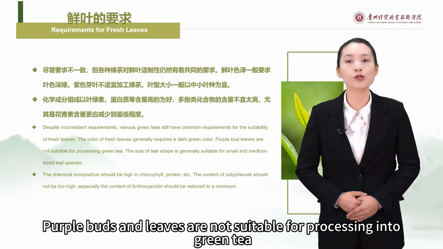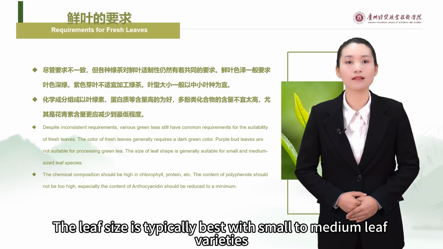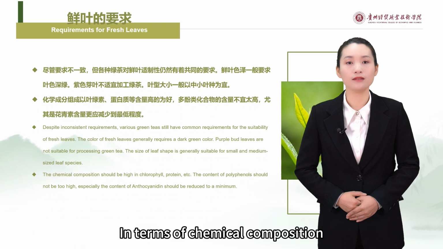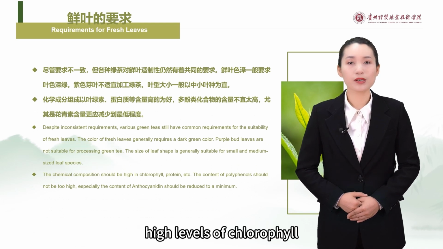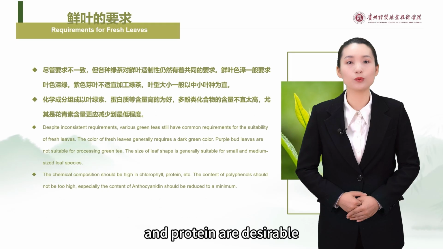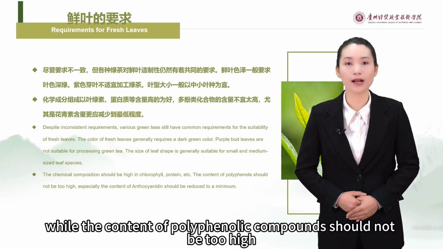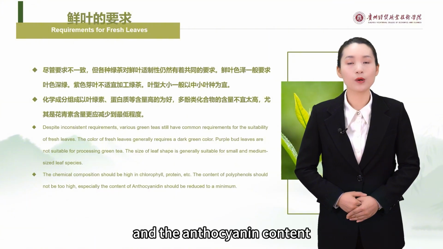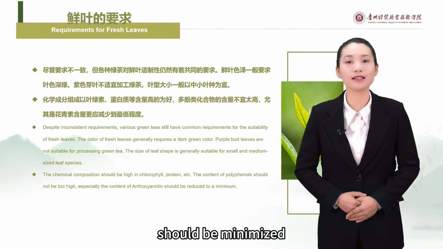Purple buds and leaves are not suitable for processing into green tea. The leaf size is typically best with small to medium leaf varieties. In terms of chemical composition, high levels of chlorophyll and protein are desirable, while the content of polyphenolic compounds should not be too high, and the anthocyanin content should be minimized.